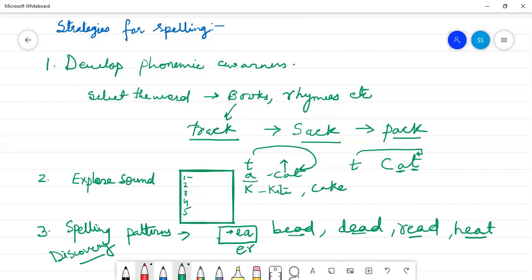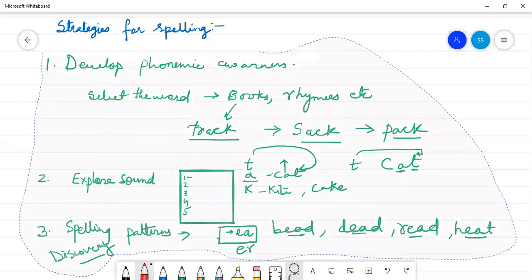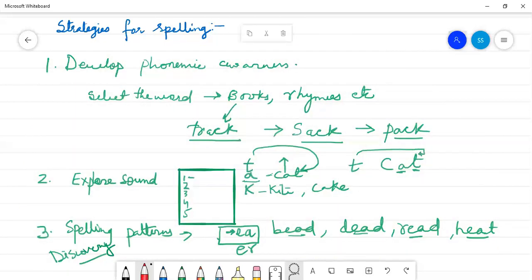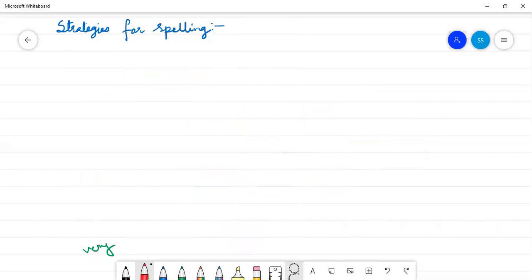All the strategies require time. You need to give time and make the child understand that this is how they are going to learn, and then make the child practice independently, because until the child practices independently, the child may not be able to generalize it.